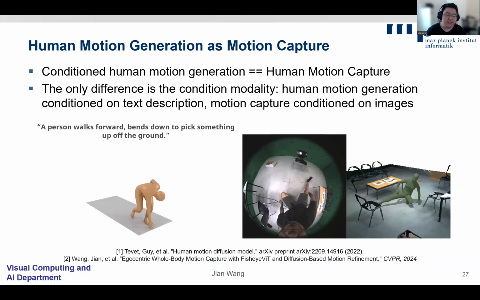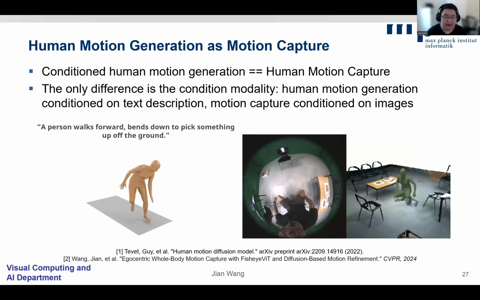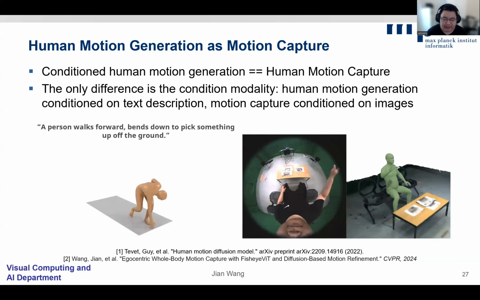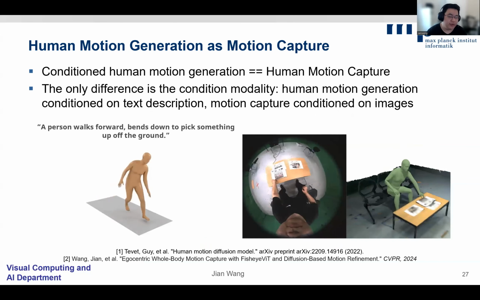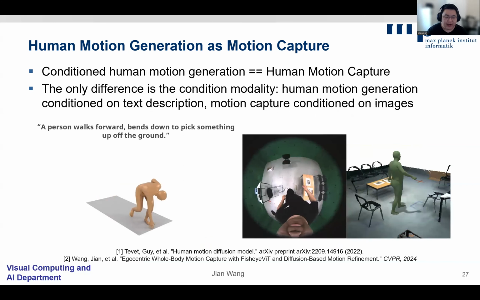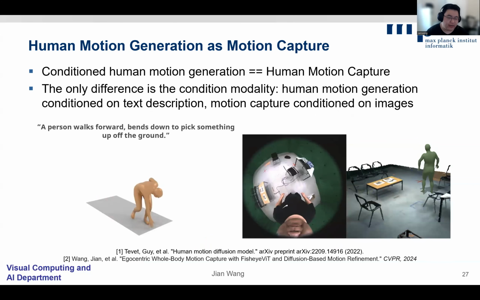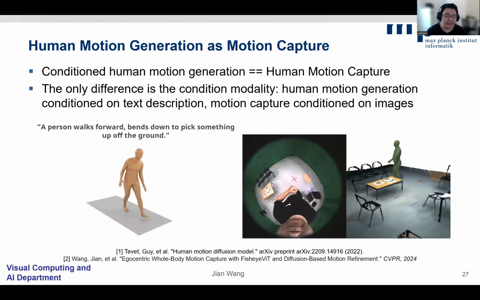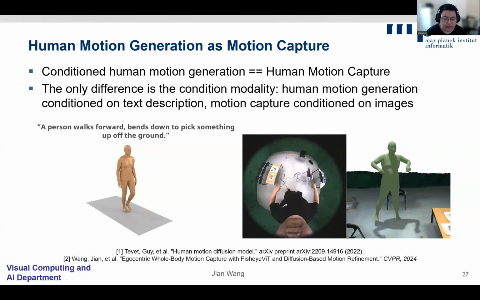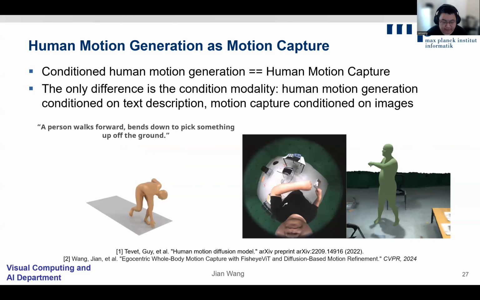The first thing I would like to talk about is human motion generation. One observation we recently realized is that conditional human motion generation is actually equal to human motion capture. On the left video is an example of a state-of-the-art human motion generation model, MDM, which can generate human motions conditioned on text input.